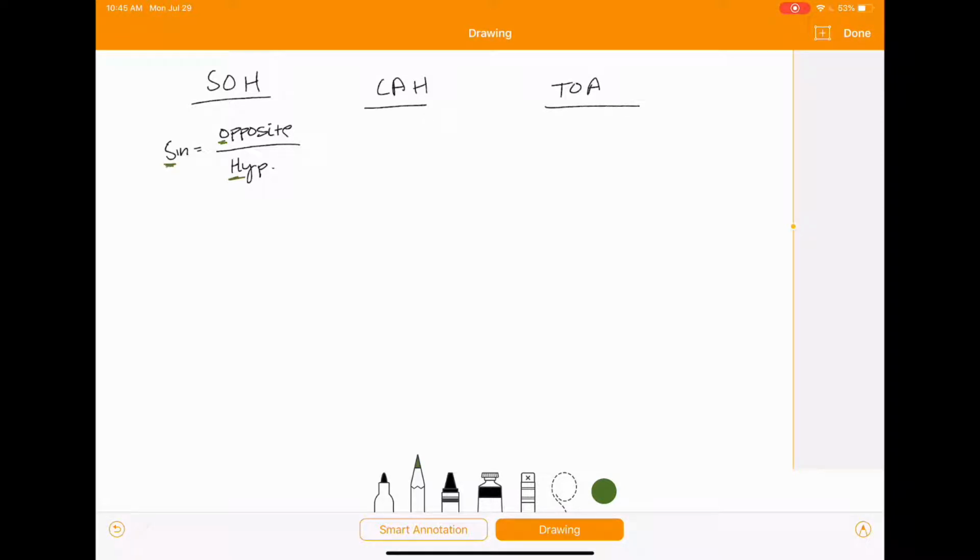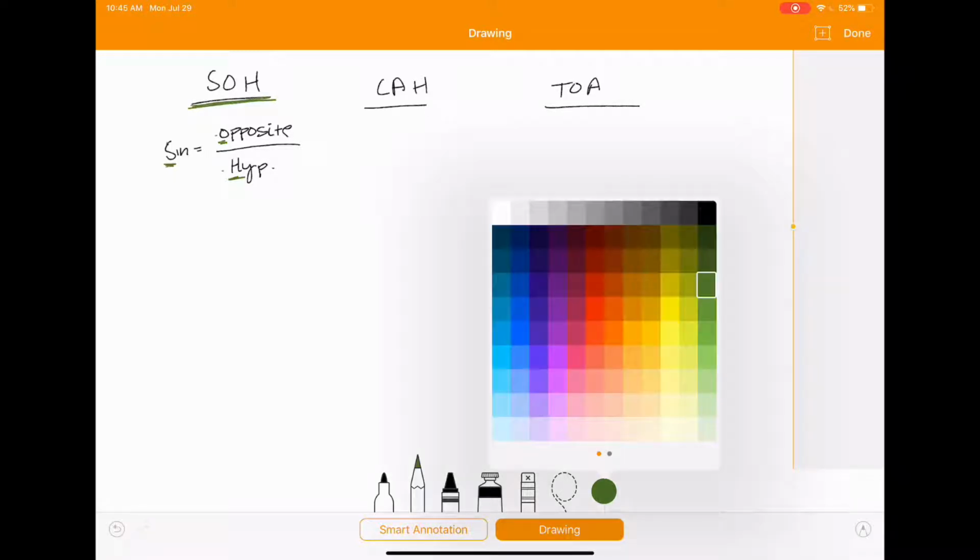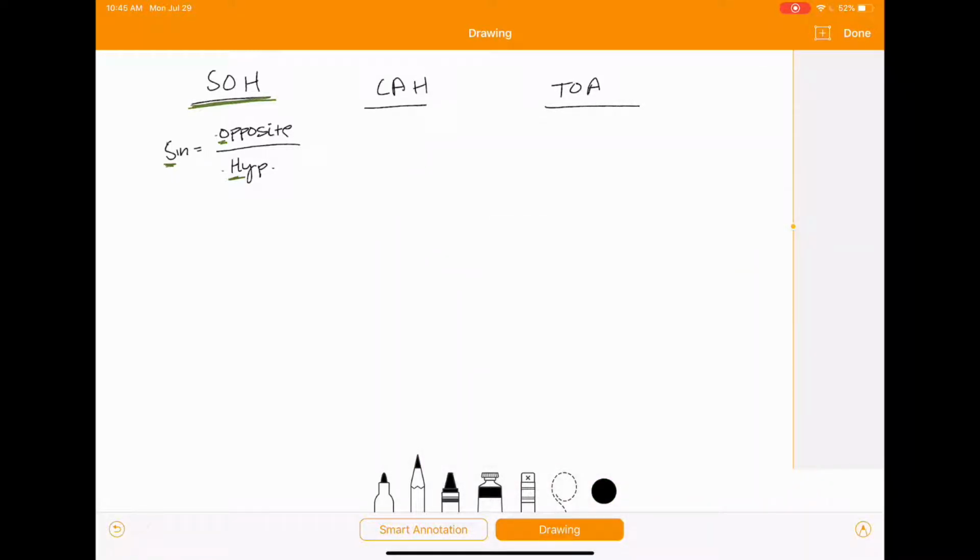So we've got our SOH for our SO. And then for our CA, we've got the cosine equals adjacent side over the hypotenuse. And then our TOA is going to be our tangent equals our opposite over adjacent.